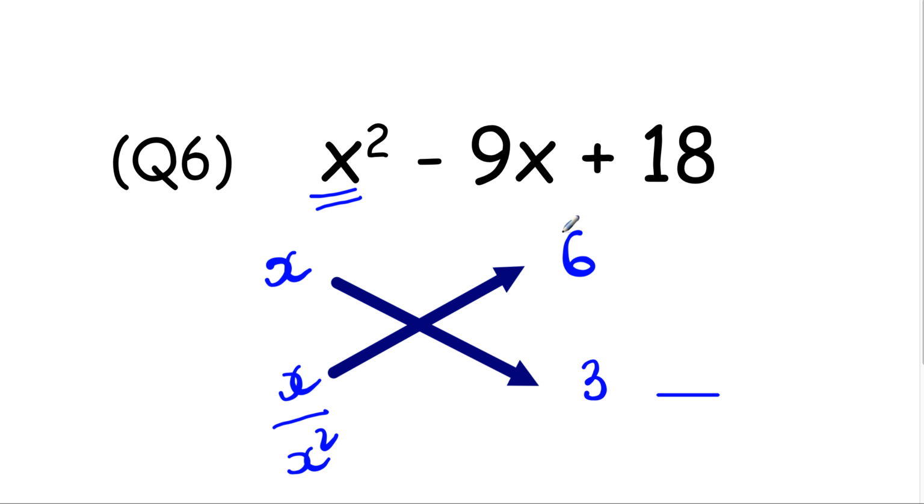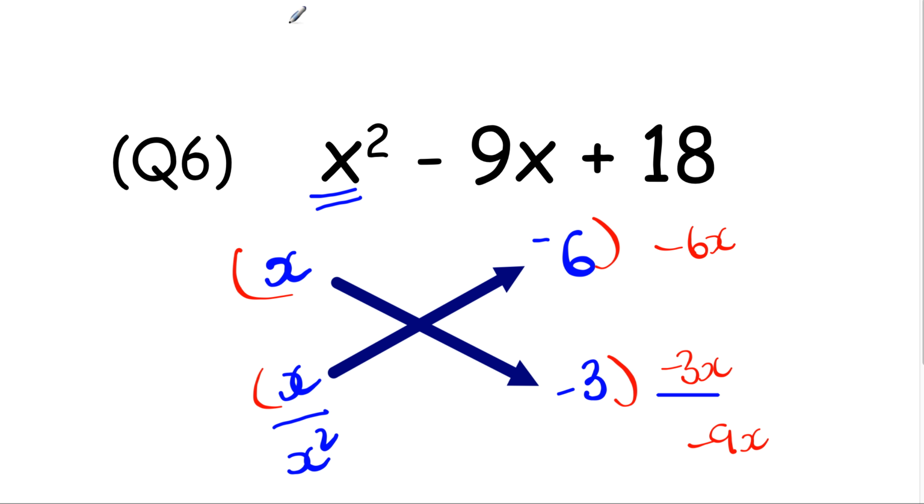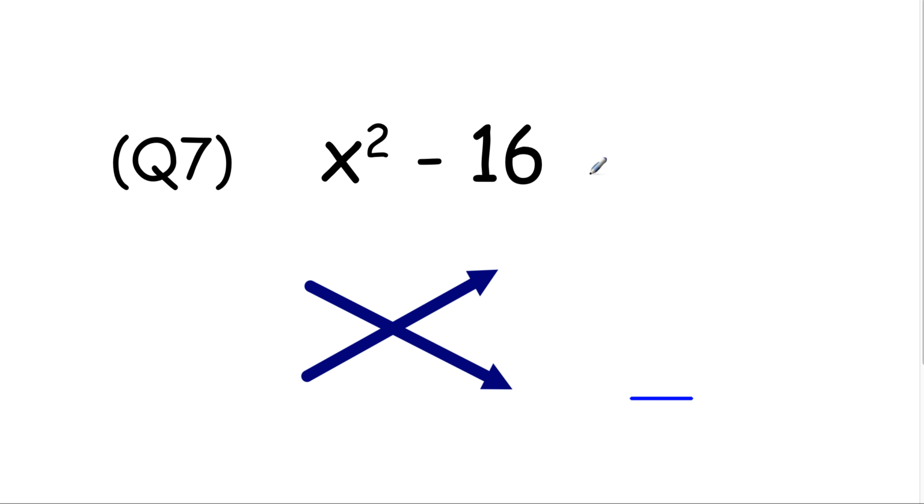I know they sum together to give me 9, but if they're both negative, they'll sum together to give me -9x. So x times by -3 is -3x. X times by -6 is -6x, and that does give me the -9. So these are your two factors. So you've got x minus 6 and x minus 3. Okay, so that's factorized. Next question.